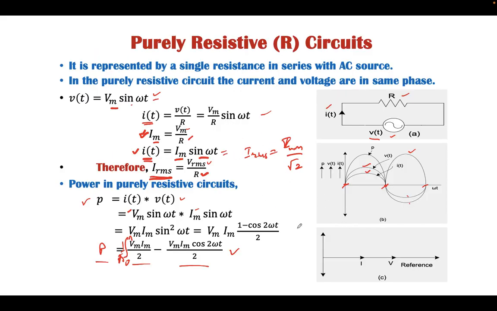It can also be observed that when these two quantities have instantaneous functions, taking Vm along the reference, it can be represented as V angle theta, which is 0, and I can also be written as I angle 0. Since both have angle 0, they are in phase with each other and taken along the reference axis, and that is why the current and voltage in a purely resistive AC circuit are in the same phase.